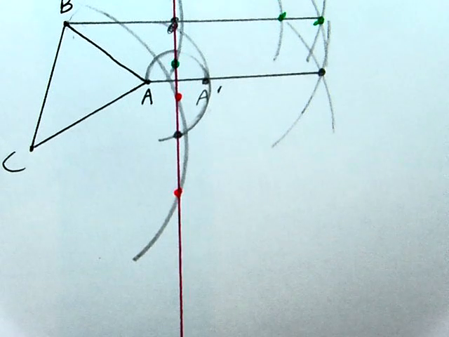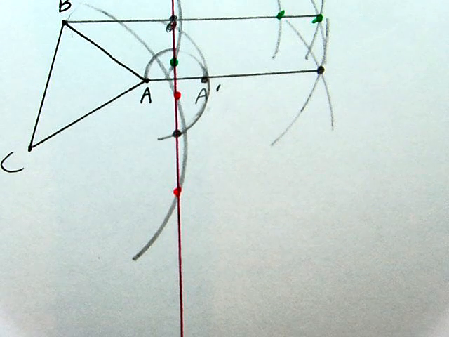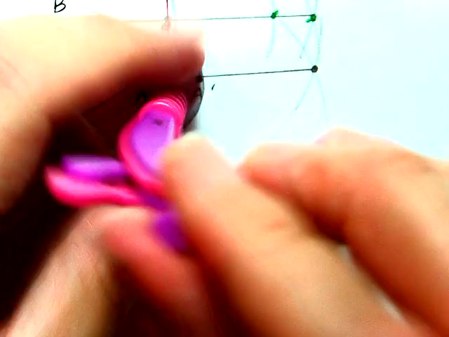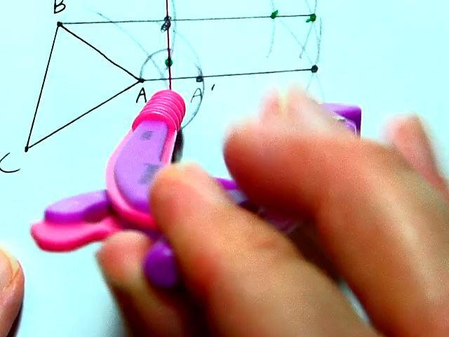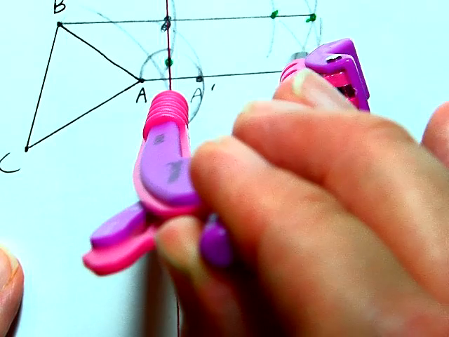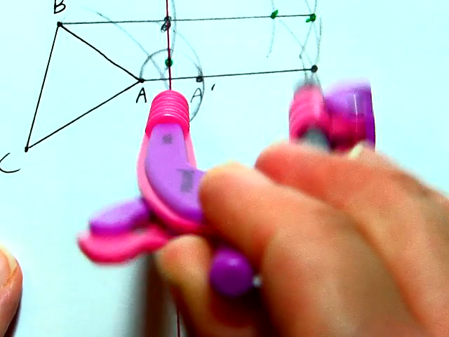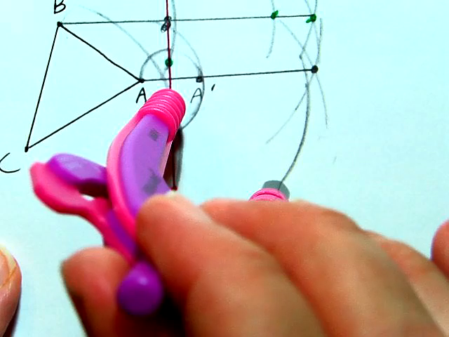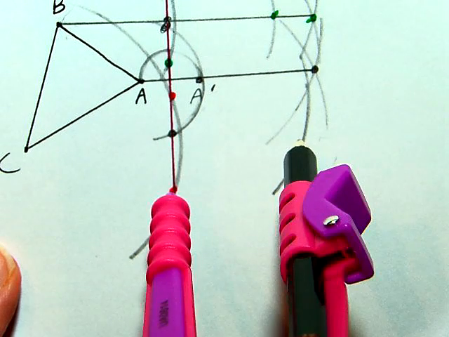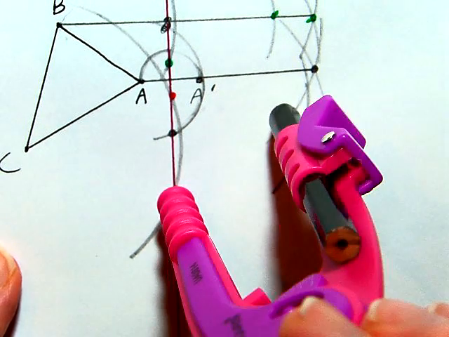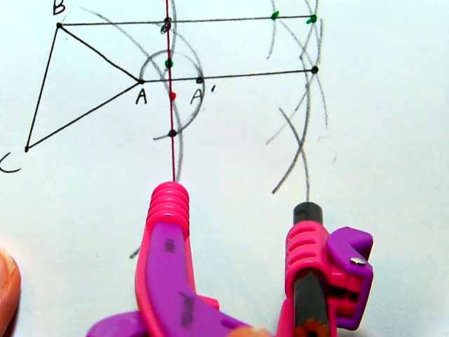Okay, good. And now I'm going to use each of those intersection points to create two new arcs on the other side of the line. Let me do that over here. And then let me move it to the other red point, keeping the compass the same width. Let me create another arc over here.